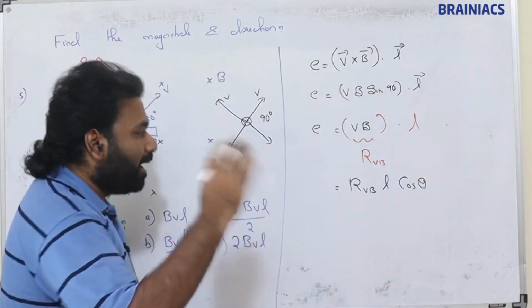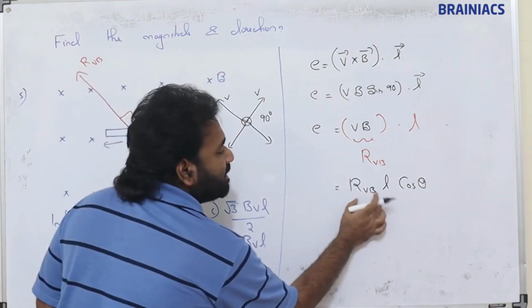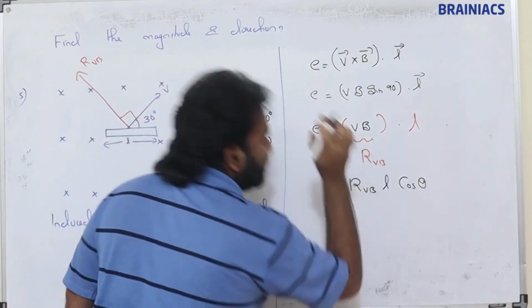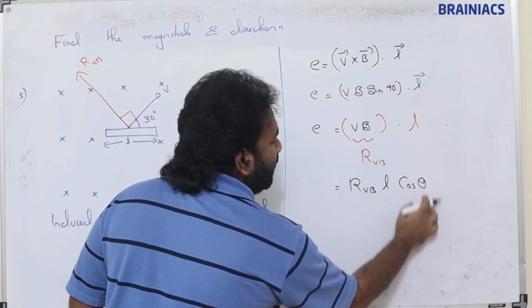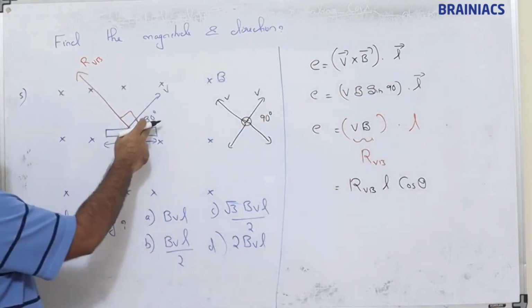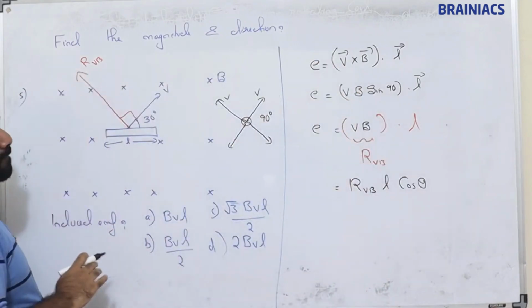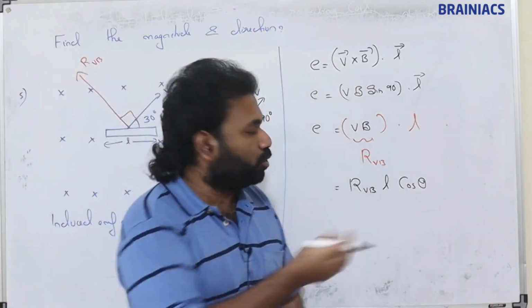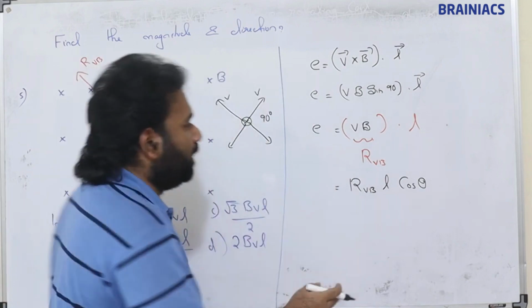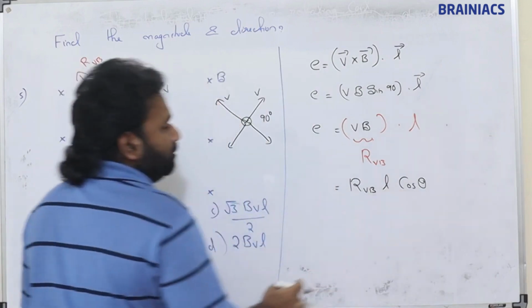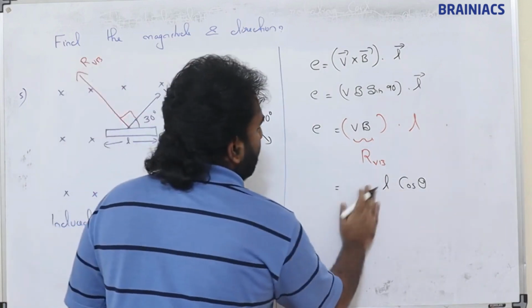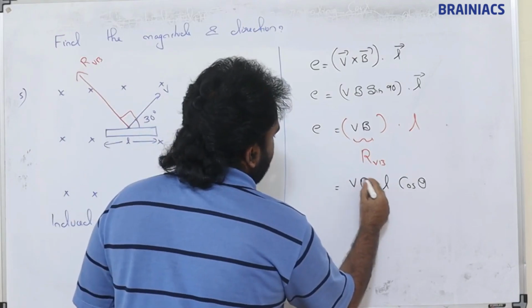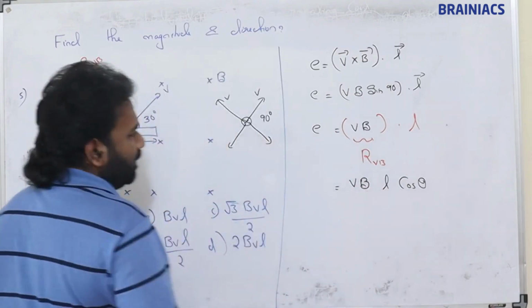So what is the angle between this resultant and this length? That is what we need to substitute here, not this 30 degree. Immediately when there is a 30 degree, we will have a temptation to use it.